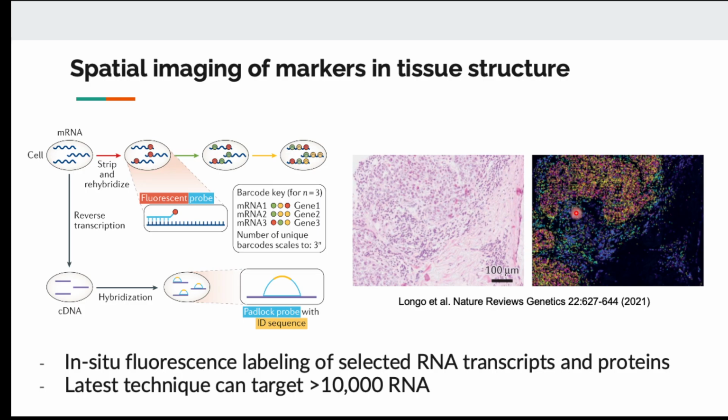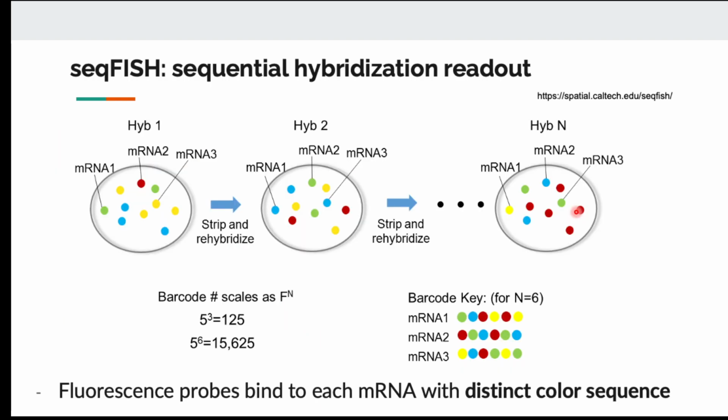The method that I pick here is representative of many ways that people try to solve this problem: how to visualize a large number of isoforms, genes, and proteins on the tissue. This technique that enables around 10,000 RNA species to be visualized, the idea is very cool.